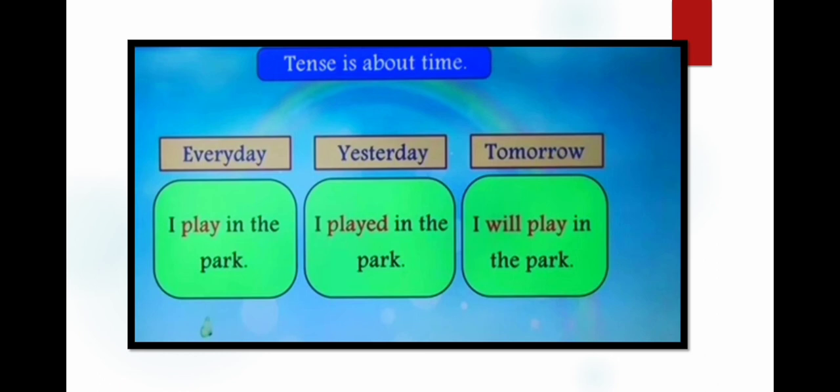Play, played, will play. Rest of the sentence is same. Only the verb changes. Play, played, will play. So what do we understand? That only the verb tells us about the time of an action. So verb tells us about tenses.